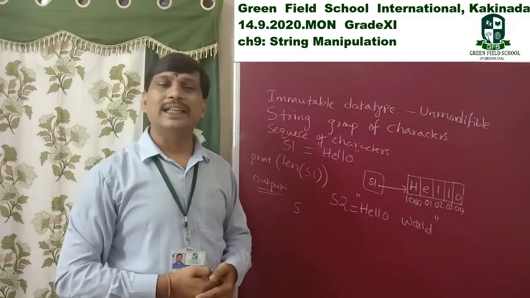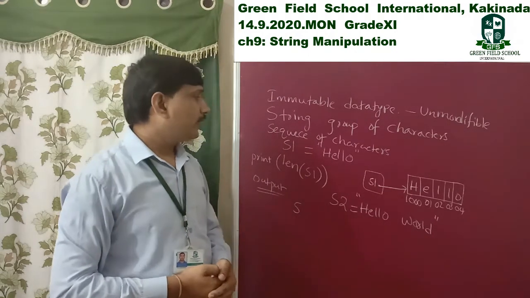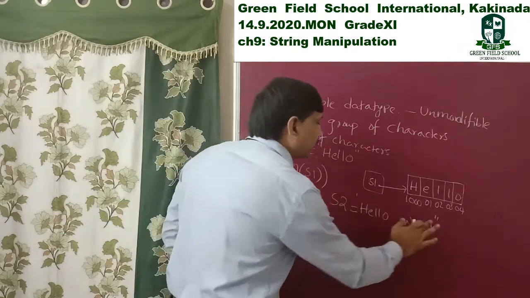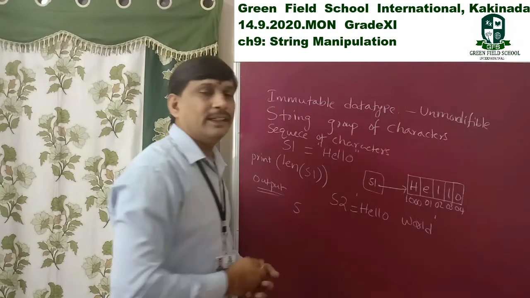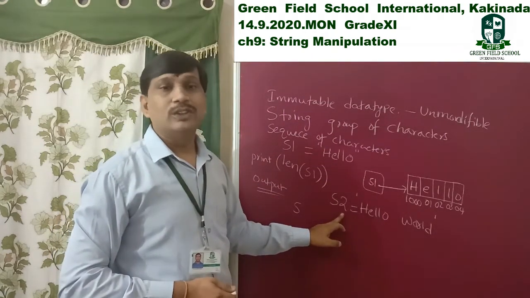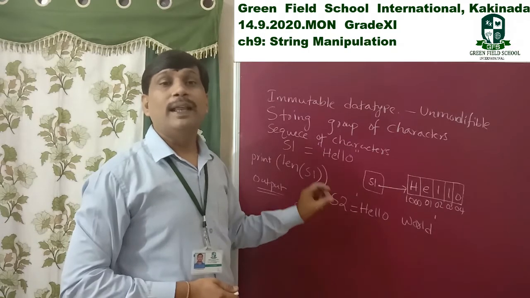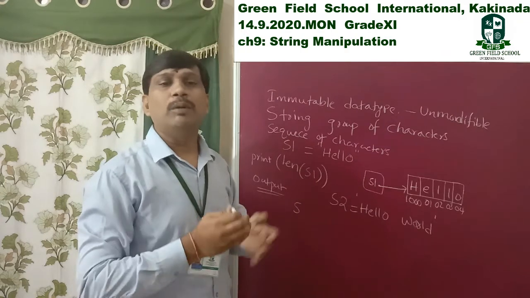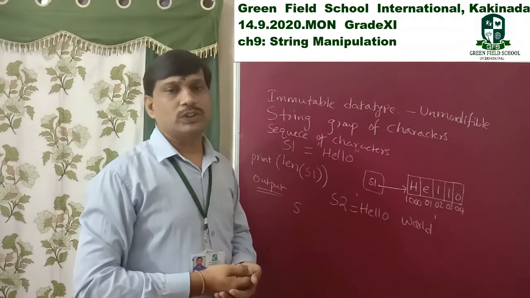All these are considered as a string. You know very well. Here I am taking double quotes. Suppose I am taking single quotes here. Both are valid. S1 is a string. Here S2 is also a string. So strings can be placed in between single quotes, double quotes or triple quotes.